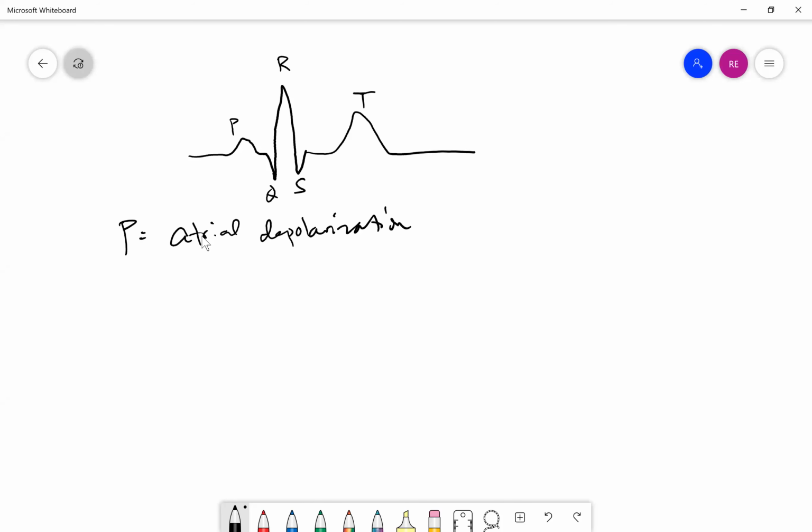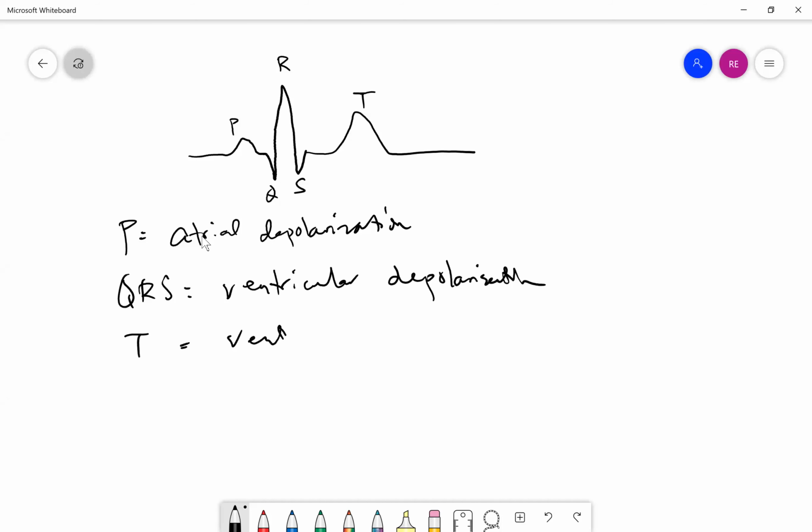The QRS is ventricular depolarization. And then finally, the T wave is ventricular repolarization. This is just a quick rundown. I'll repeat this again next week.